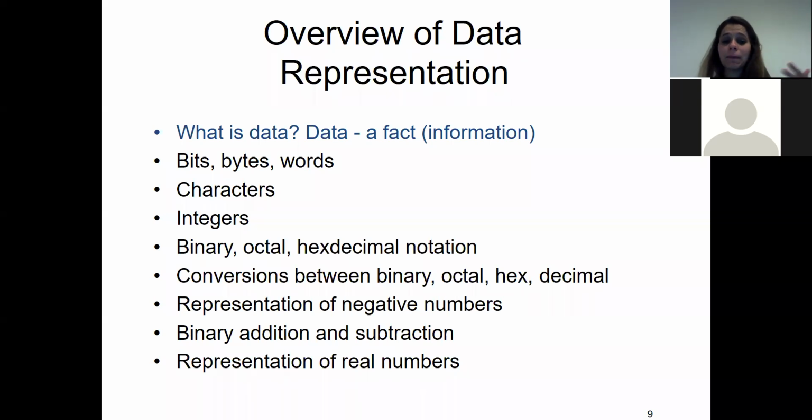Also, how to add the binary integers, how to subtract them, how to multiply them, how to divide them, how to represent real numbers. All of this, you will understand it clearly in this module. So it's not difficult. And not only will you understand it and be able to do it, you will program it in C as well.